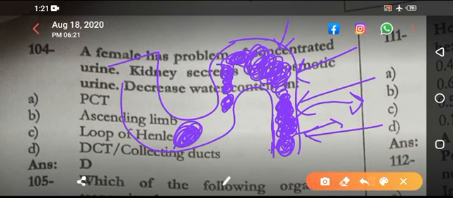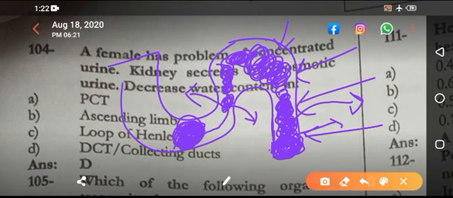Over here you have concentrated urine. If it is passing over here, the solutes move out and it becomes diluted. So if the question says more water content, the answer is this one. Less water content, or this one. This is in case of hypoosmotic urine.